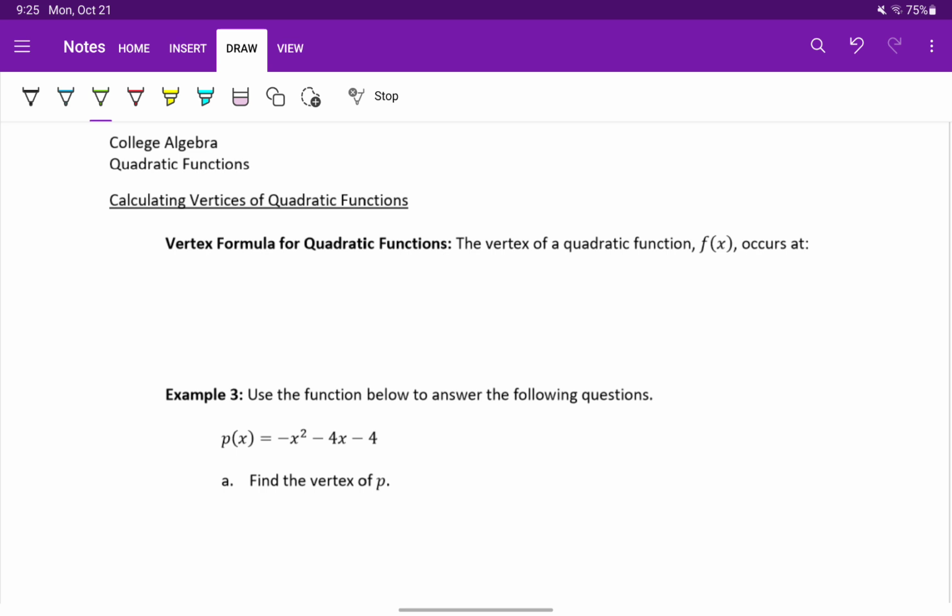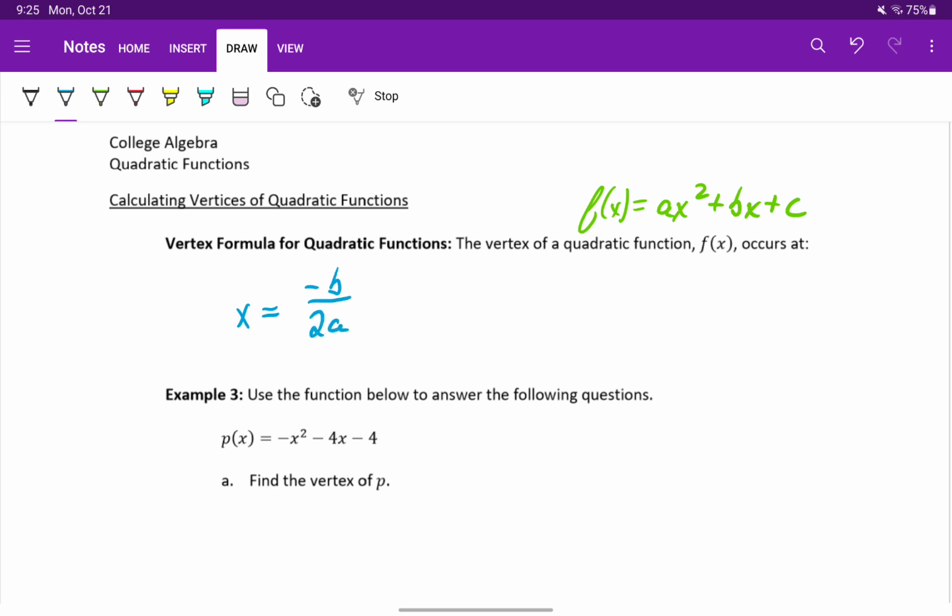So we want to look at how we can calculate vertices for a quadratic function, which is again a function of the form f of x equals ax squared plus bx plus c. We can find the x-coordinate for that vertex by taking the opposite of b divided by 2a.